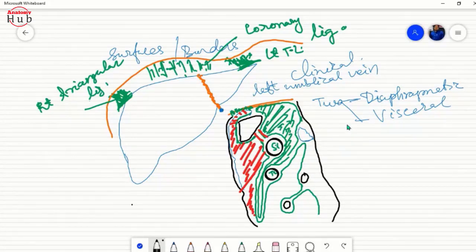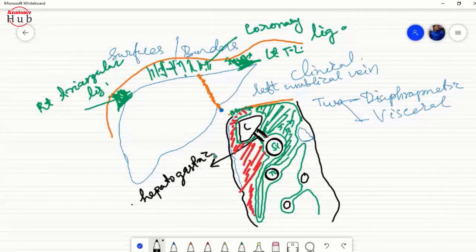Ligament here means a bridge or connection from one structure to another structure, right? So whatever the double layer of folds of the peritoneum here is, this is your liver, this is the stomach, right? So you can say this ligament will be your hepatogastric ligament, right?